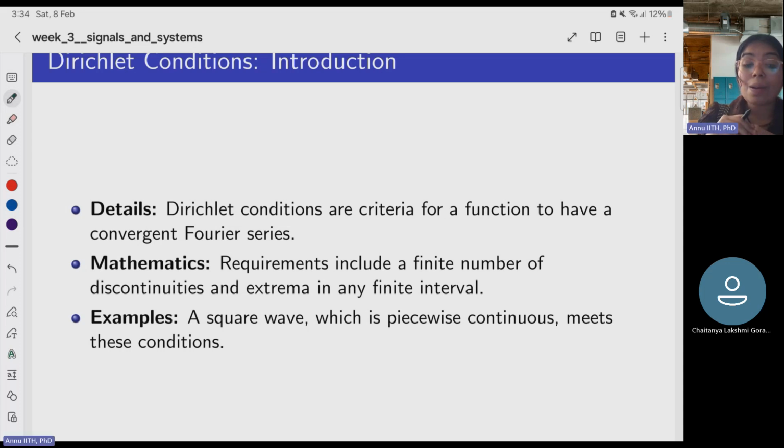Okay. Now, requirements include a finite number of discontinuities and extrema in a finite interval. So if a signal is given to you, it should have a finite number of discontinuities, and a finite number of extrema, the maxima and minima, in a finite interval. For example, a square wave, which is piecewise continuous, meets this criteria.